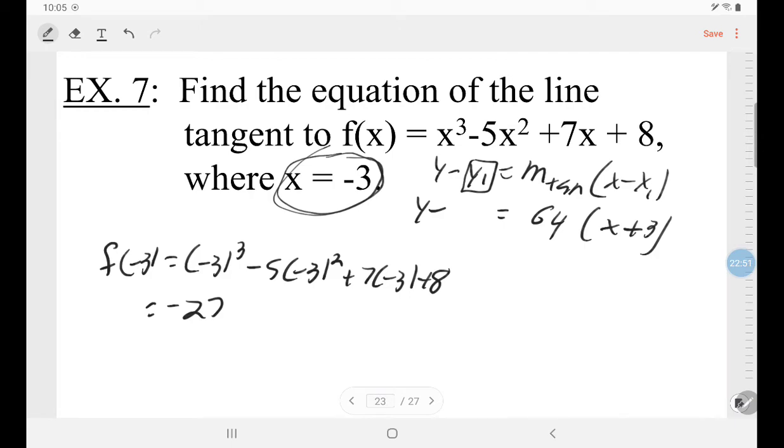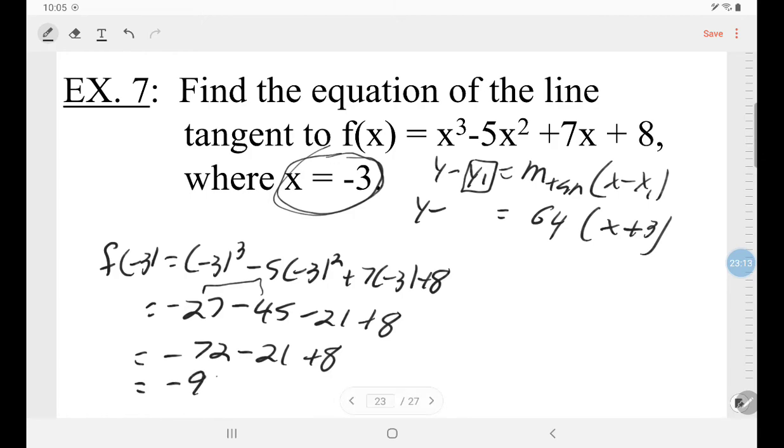It's -27. -3 squared is 9 times -5 is -45 minus 21 plus 8. So let me see what that is. That is -72 minus 21 plus 8.